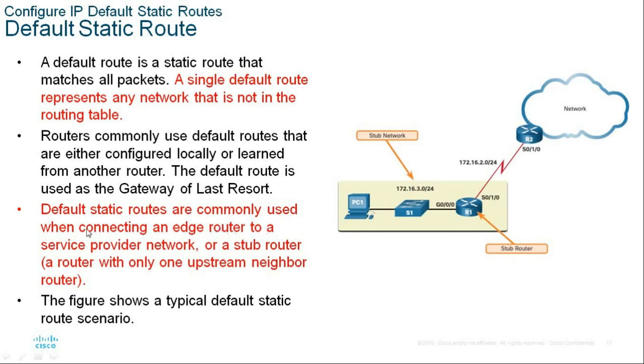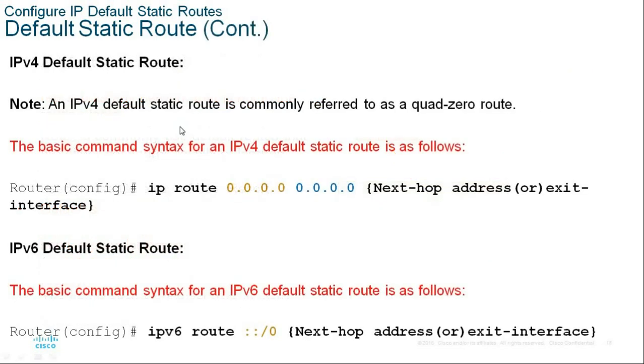Default static routes are commonly used when connecting an edge router to a service provider network, or a stub router, that is the second situation. So mostly we prefer them when connecting your edge router with the ISP, or in a stub router situation, meaning only one entry and one exit interface. In these situations we prefer the default static routes.